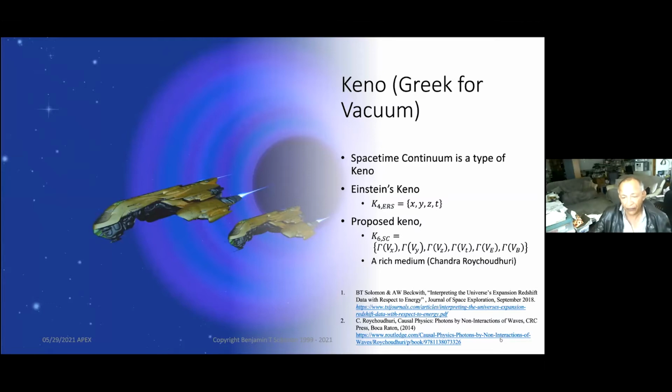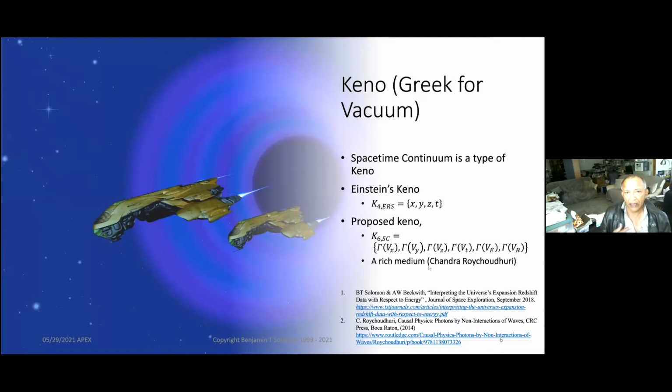To get away from all that baggage, I've called it keno, which is derived from the Greek kenos, meaning vacuum. So Einstein's keno is basically X, Y, Z, and T. And what I proposed in some of my earlier work is that there are actually 6 dimensions: X, Y, Z, T, the electric field, and the magnetic field.